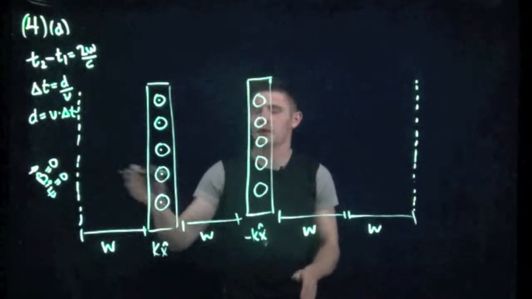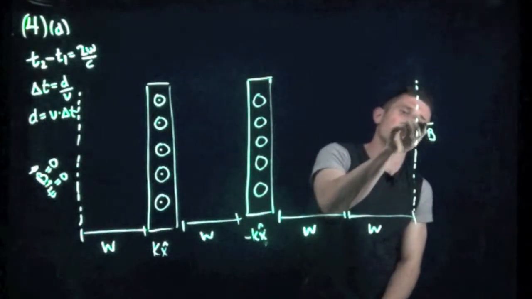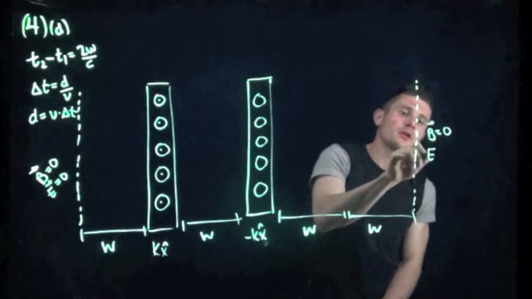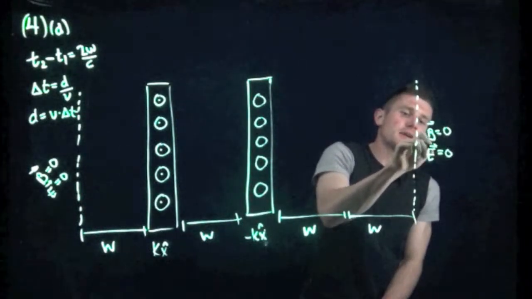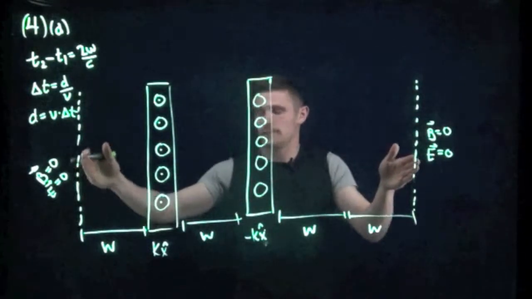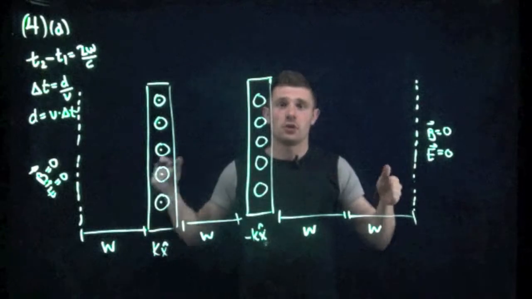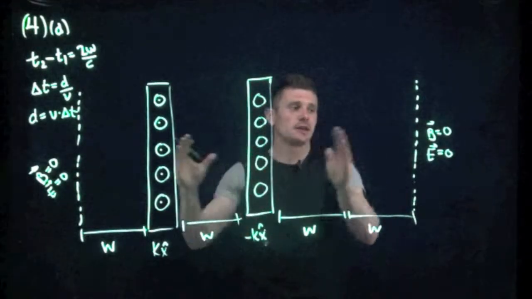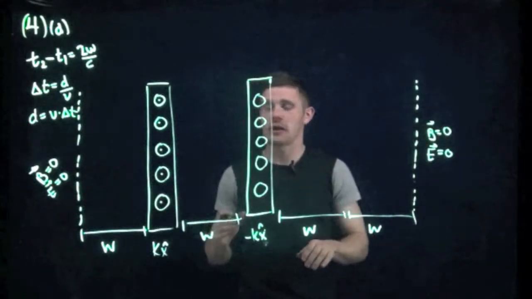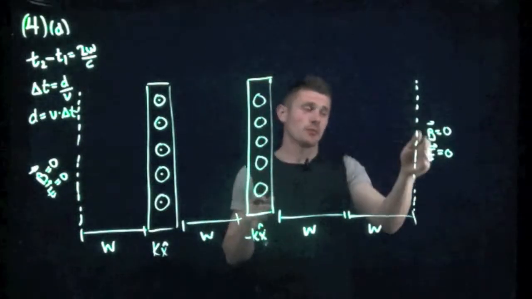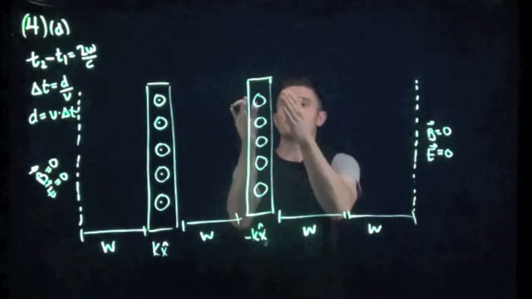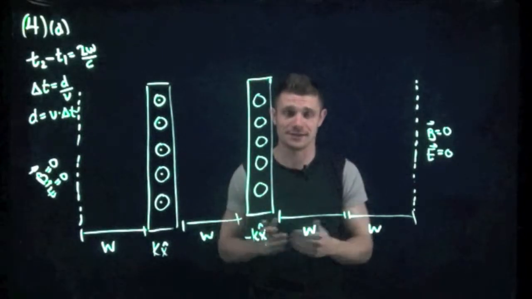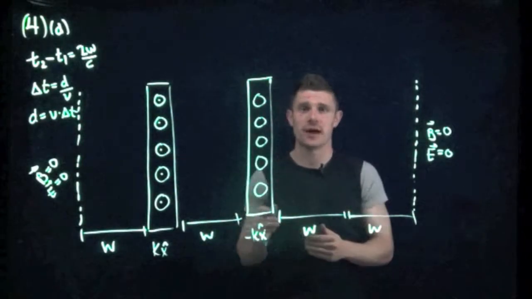Between it was something else, but outside it was B equals 0 and E equals 0. So that'll be the same here. And inside of these two imaginary lines, we'll have different information for B and E, and that's what we want to calculate. But anywhere further to the right or to the left, it will be the same, B equals 0, E equals 0, because the new information hasn't reached that distance yet in the time that we've allowed to pass.